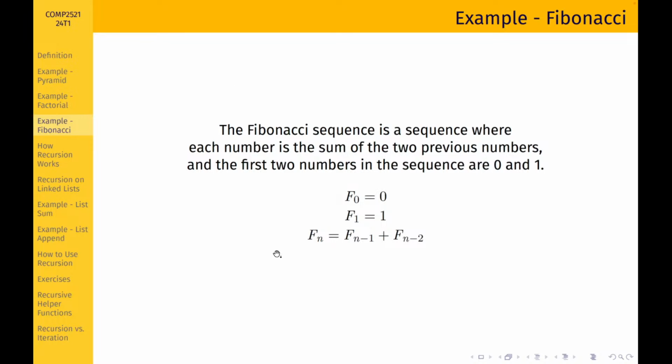And this is how we would express it: f of 0 is 0, f of 1 is 1, and f of n is f of n minus 1 plus f of n minus 2. Now, if we try to implement this iteratively, we might encounter some challenges.